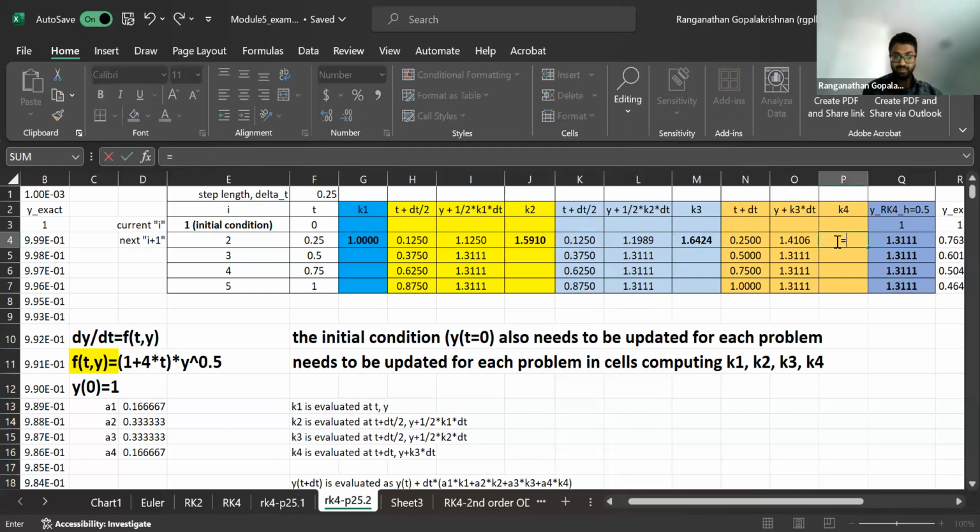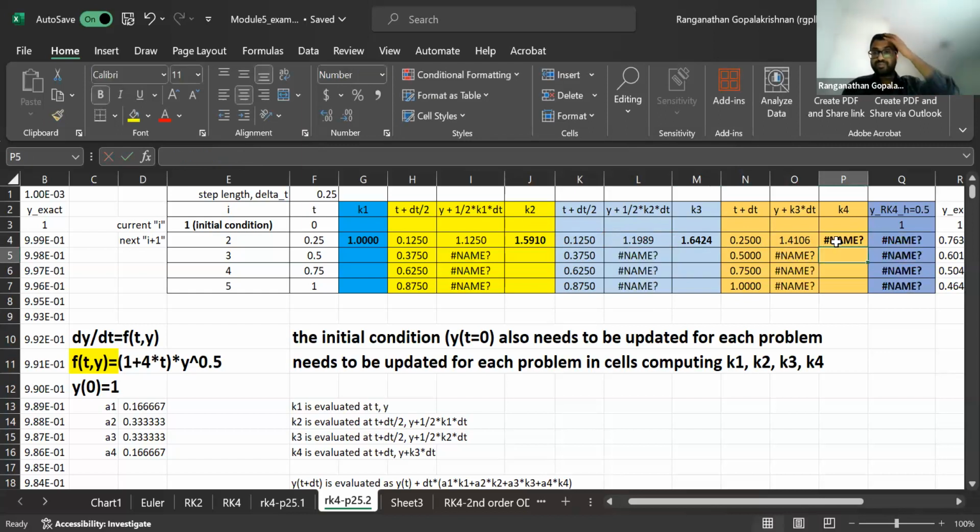And then K4, 1 plus 4 times t multiplied by square root of y, which is now cell O4. Oops, sorry, I made some mistake here.